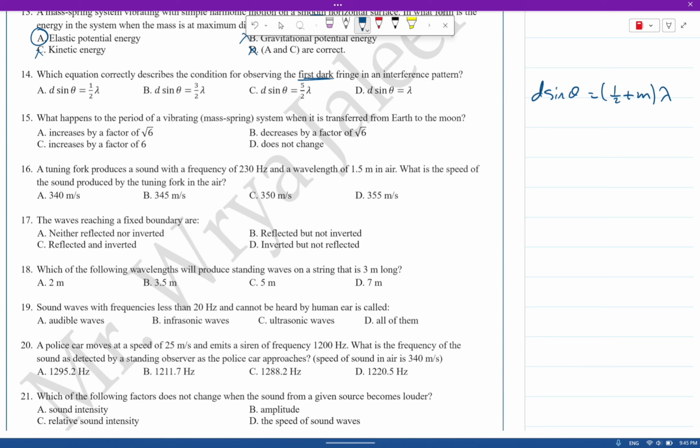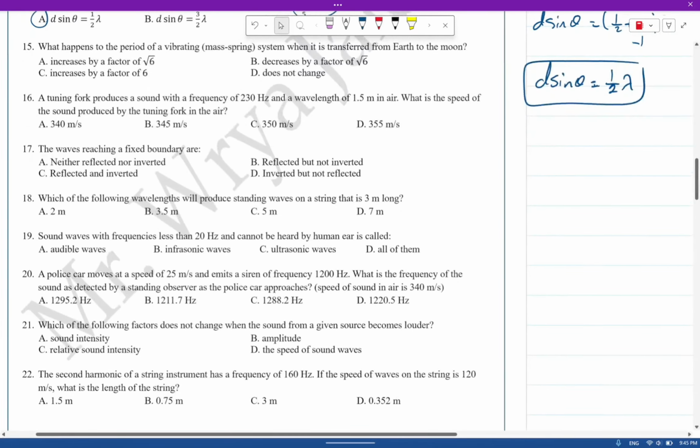It is always one less than the number of the fringe here. So it says first dark, that means m is basically 0, because you always say m minus 1 in that case. So first dark, first minus 1, that is going to be 0 here. So in this case, what is left in the equation? d sine theta is equal to 1 over 2 lambda, right? That is the condition for the first dark fringe. Do we have this? Yes, that is option A.